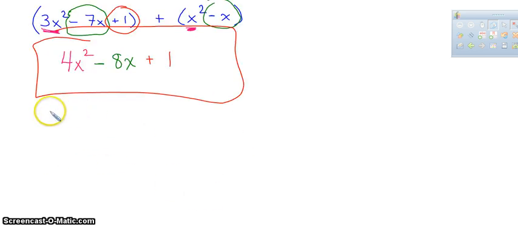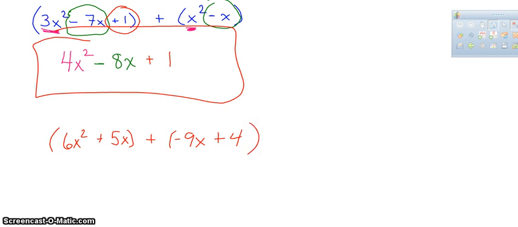Let's try another one. How about 6x squared plus 5x plus negative 9x plus 4. Let's start with 6x squared. Does anything here match it? There are no matches, so we just copy it down, 6x squared.